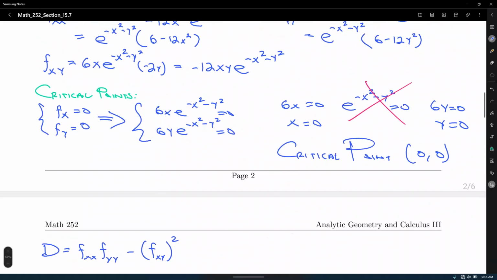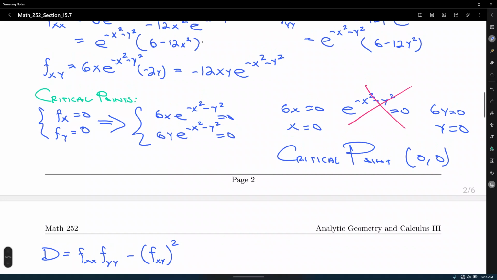F double x is this expression here, equal to e to the negative x squared minus y squared times 6 minus 12x squared. F double y, what I factored out the exponential for over here, is e to the negative x squared minus y squared times 6 minus 12y squared.